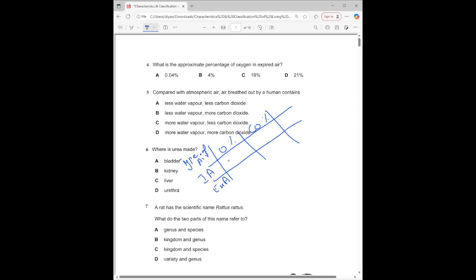The inhaled air for oxygen is 21%. The inhaled air for carbon dioxide is 0.04%. The exhaled air for oxygen is 16%. The exhaled air for carbon dioxide is 4%. Over here it says oxygen, so let's look in the MCQs, and our answer is C.